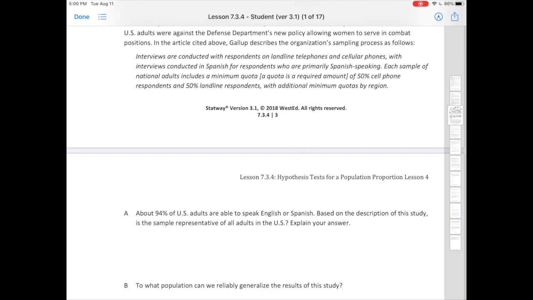So, no. The sample is representative to only English and Spanish speakers.